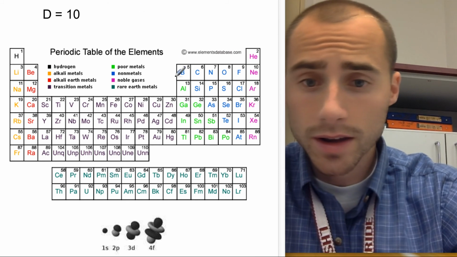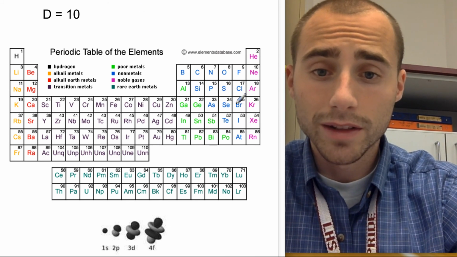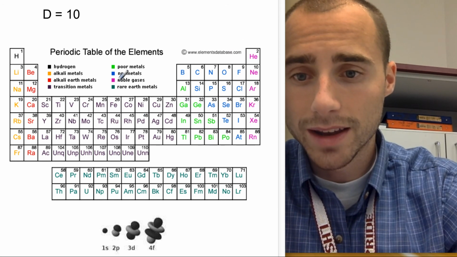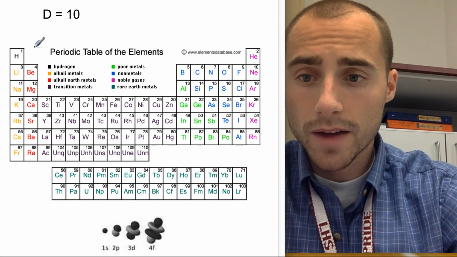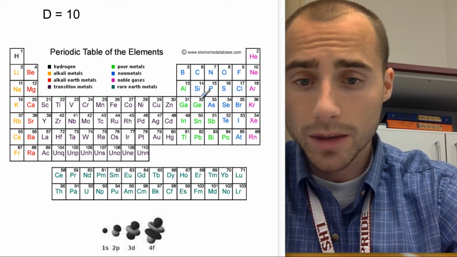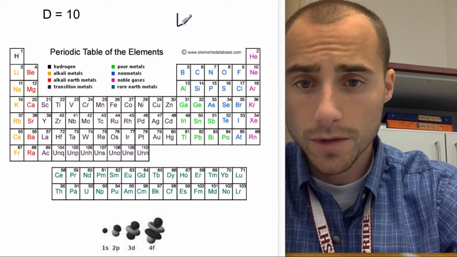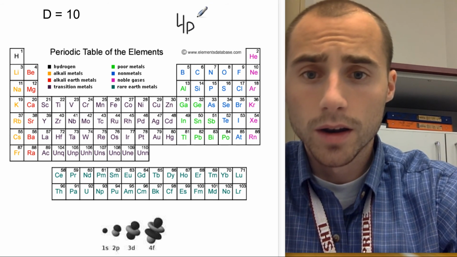I'm just going to do one, and the example I'll do will be one you actually were supposed to do yesterday, selenium here, which you probably didn't do correctly if you didn't know 3d10 existed. So all that would happen is we would work our way back, so we know that selenium here is 4p1, 2, 3, 4. So that's 4p4 right there.